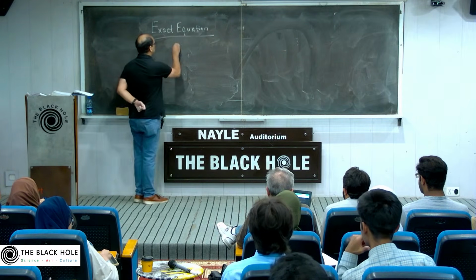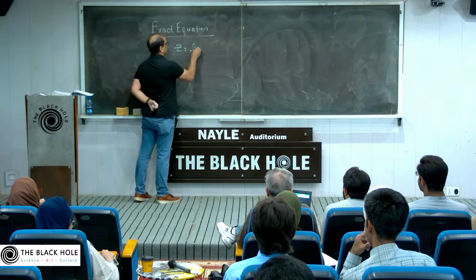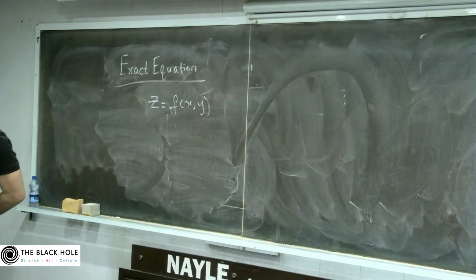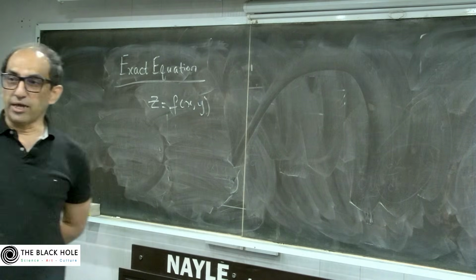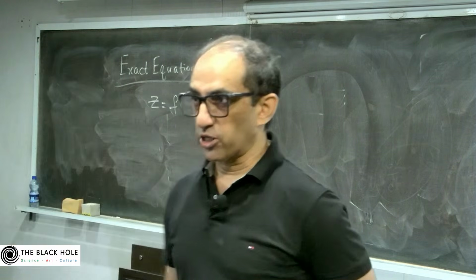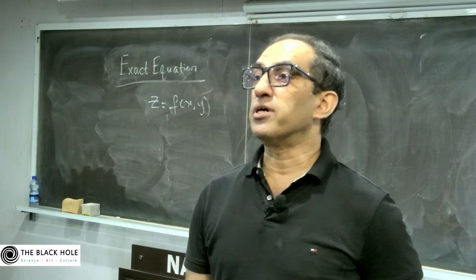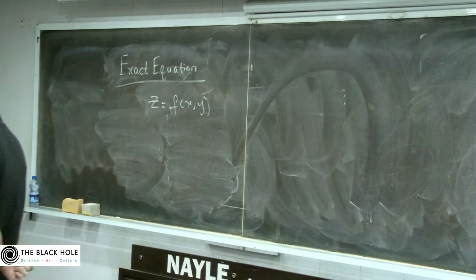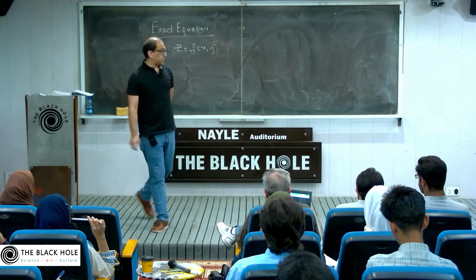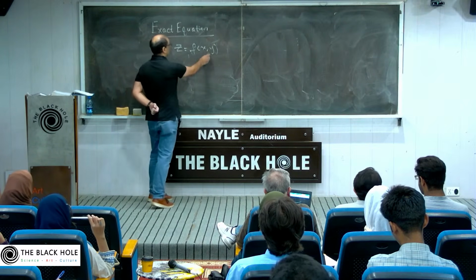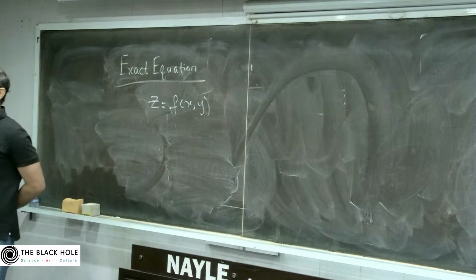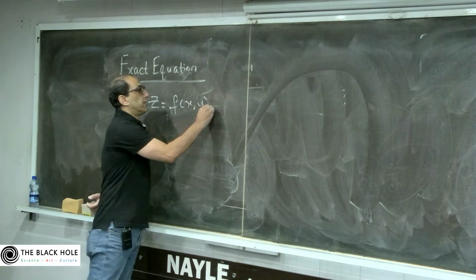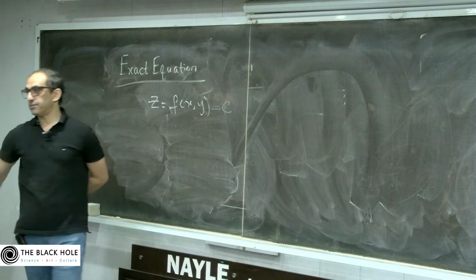So it begins with the fact that z is a function of two variables. I told you at the beginning that we are going to deal with everything here as a function of one variable, and here we are going to encounter something which is a function of two variables. But all is not lost, though of course there will be a difference here that will be reflected, and we have something to learn there as well. So let's say this is equal to some c.